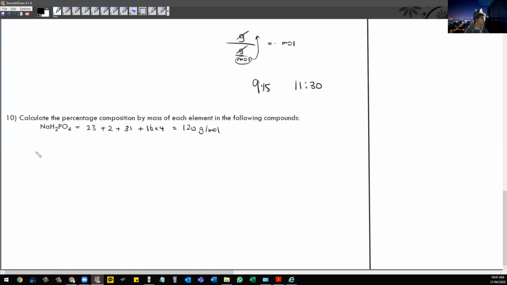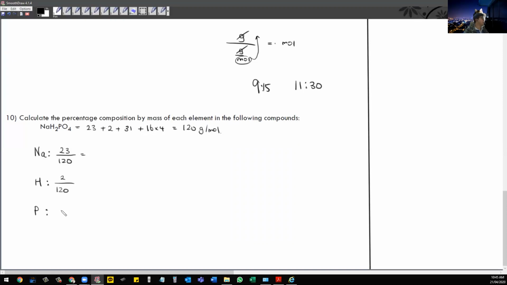Now, percentage composition goes like this. Sodium weighs 23 out of 120, right? And hydrogen, there are 2 hydrogens, each of them weighs 1 gram, so 2 over 120, and so on and so forth.